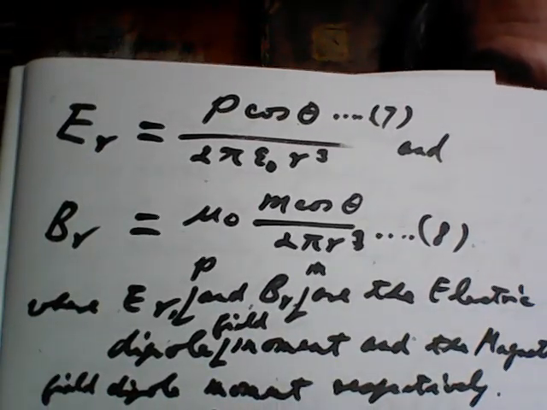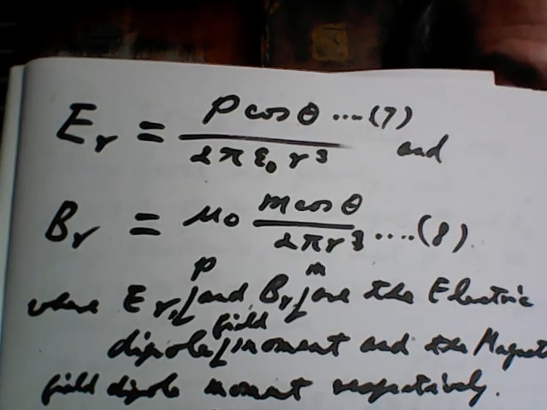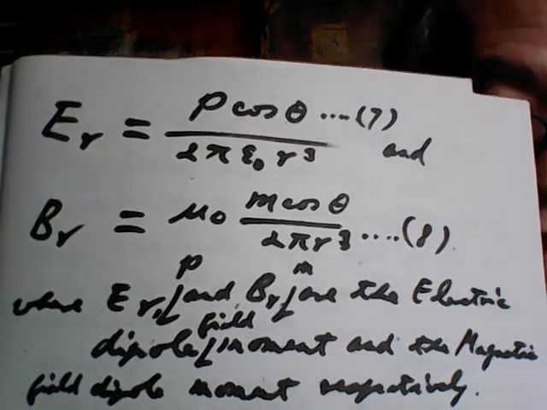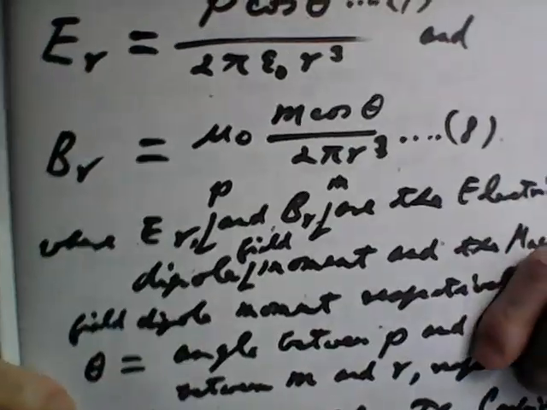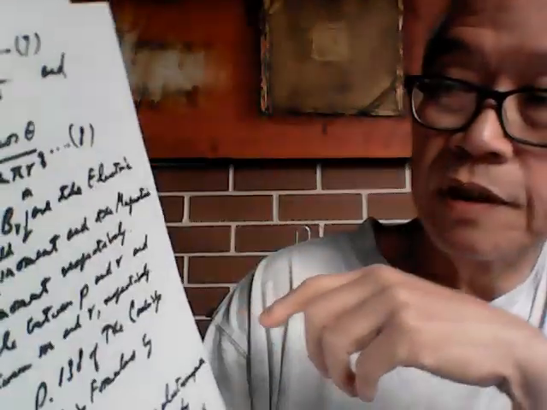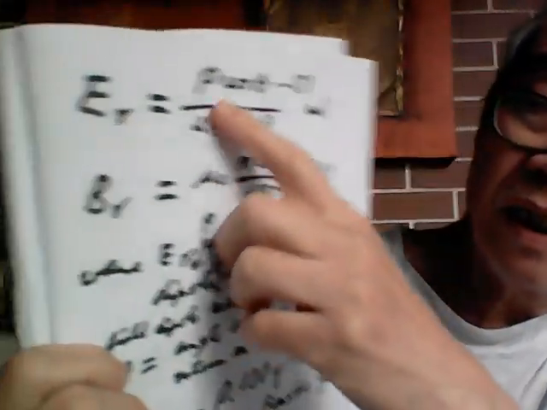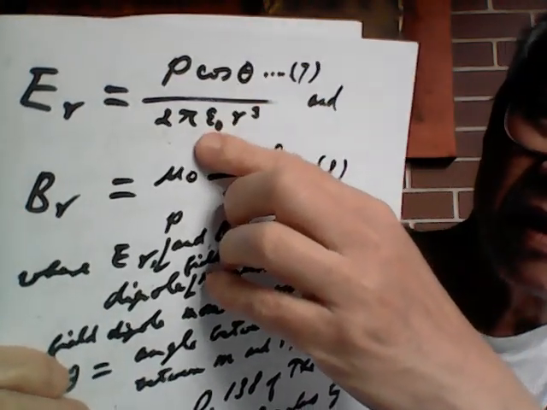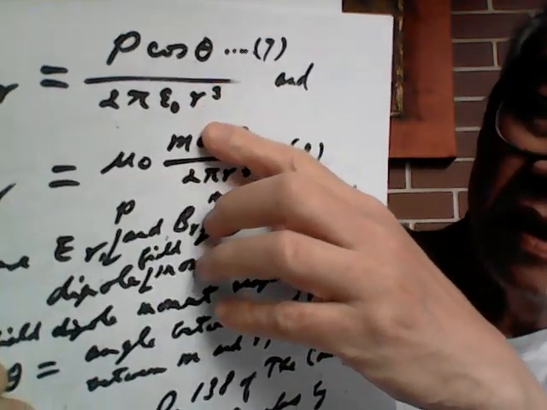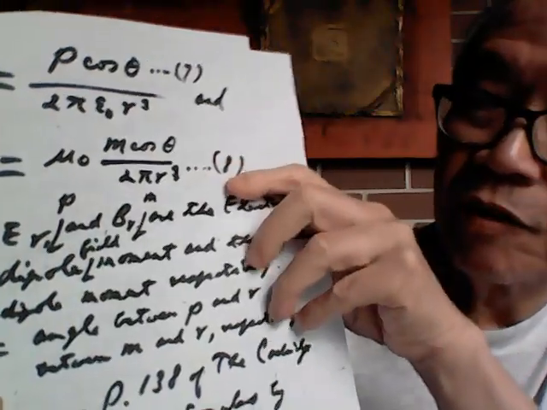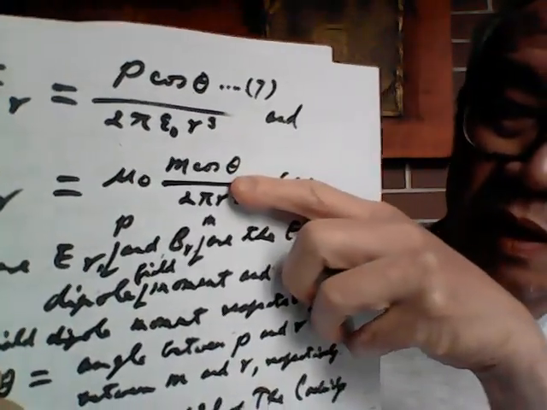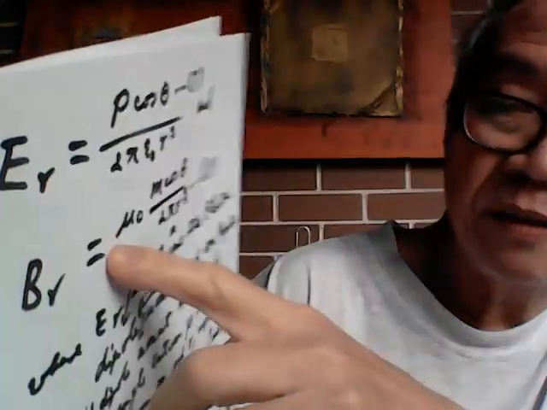In equation 7, you have P and cosine theta, and then in equation 8, you have the M in the cosine theta.